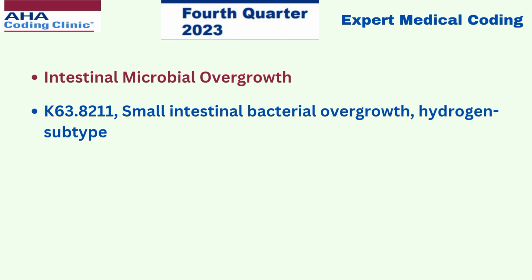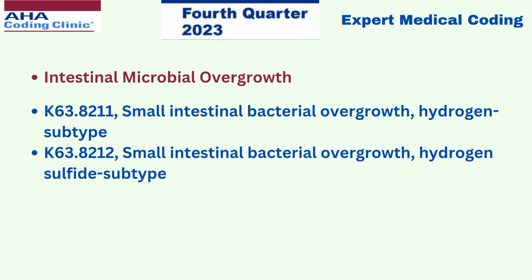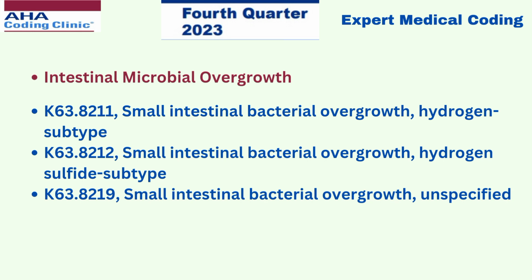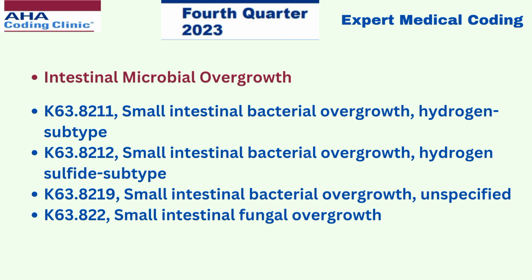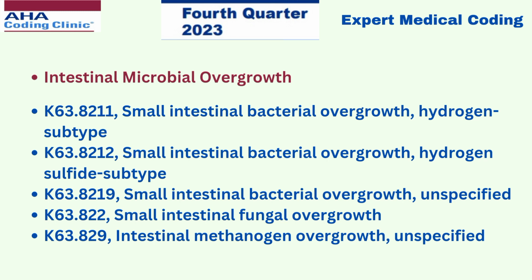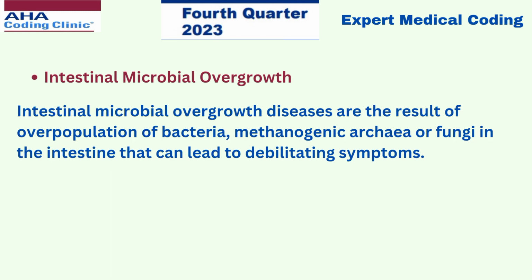K63.8211 for small intestinal bacterial overgrowth, hydrogen subtype, K63.8212 for small intestinal bacterial overgrowth, hydrogen sulfide subtype, K63.8219 for small intestinal bacterial overgrowth, unspecified, K63.822 for small intestinal fungal overgrowth, and K63.829 for intestinal methanogen overgrowth, unspecified.